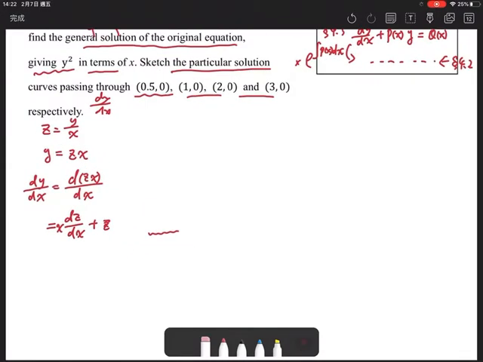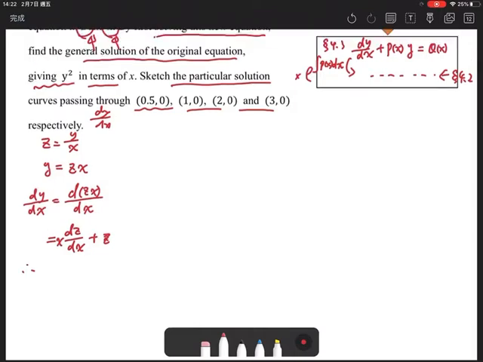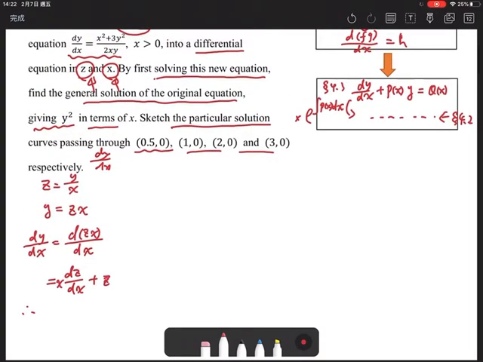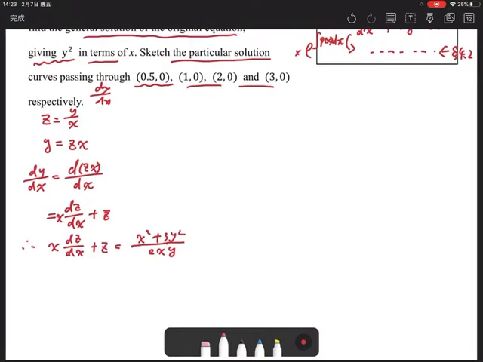So we have x times dz by dx plus z equals x squared plus 3y squared over 2xy, and here we can also replace y in terms of x and z.